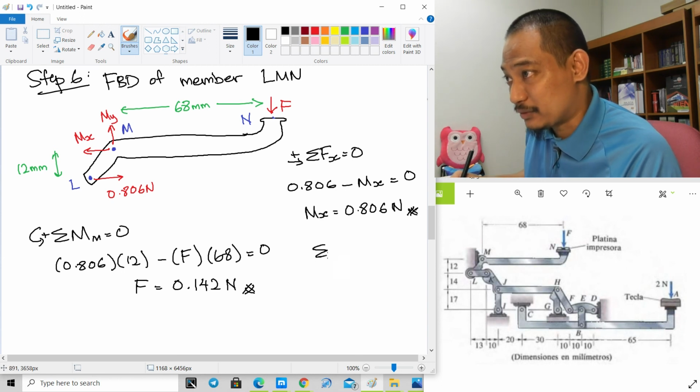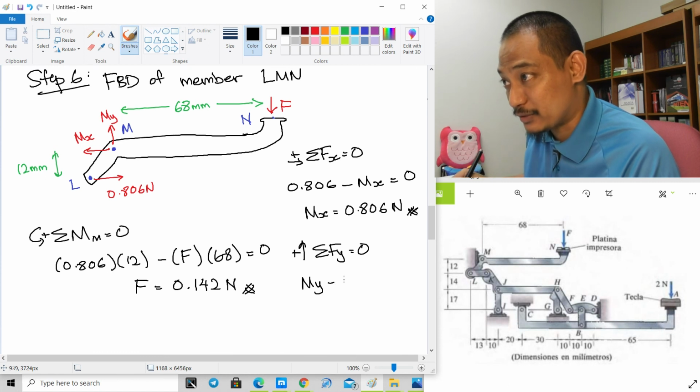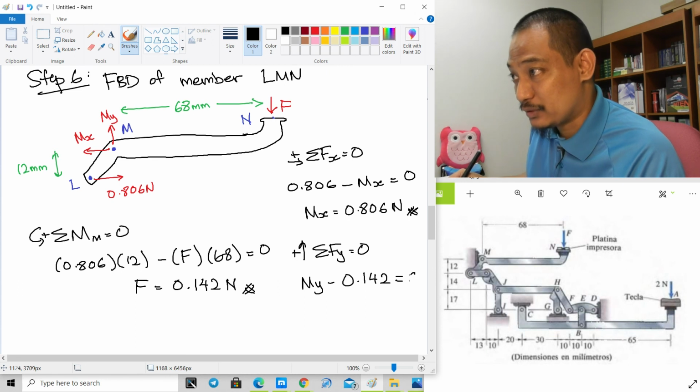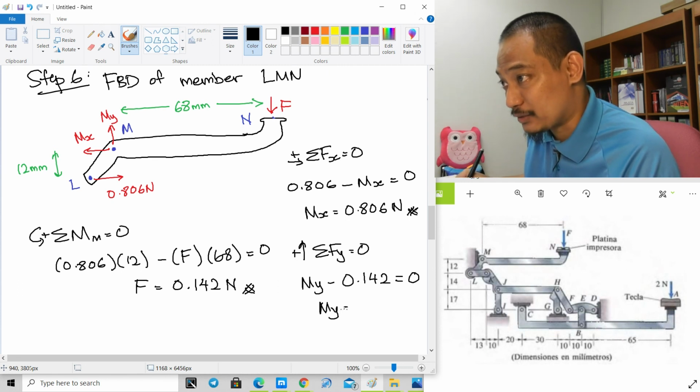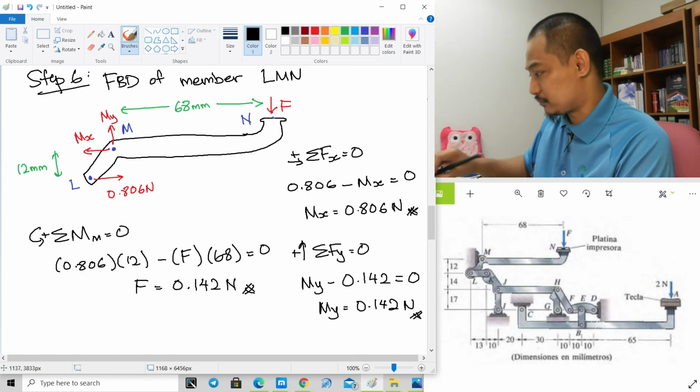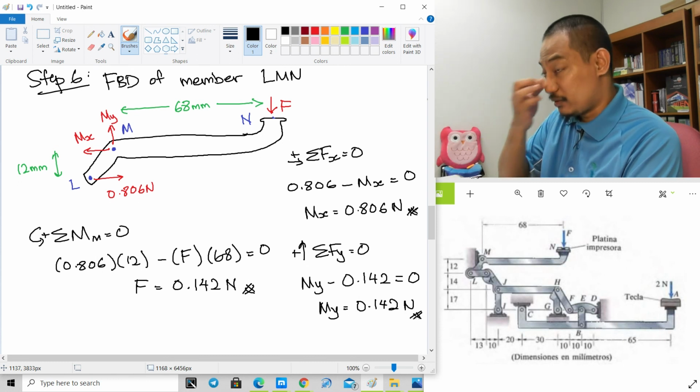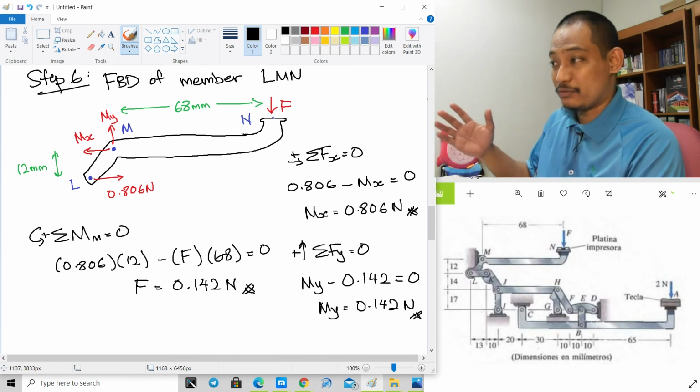And then if you do summation of Fy equal to 0, upwards as positive, what you will have is My minus F, where F is already calculated as 0.142, equal to 0. So My equal to 0.142 Newton. That is the answer. So we have solved everything.